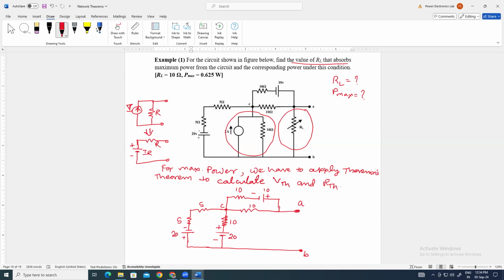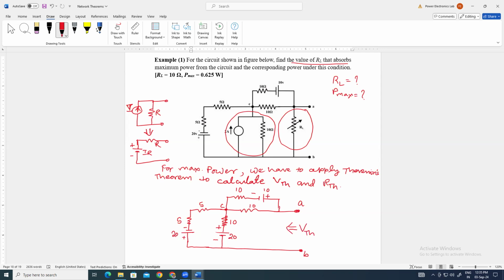So we have disconnected RL from here. We have to apply Thevenin's theorem across these two terminals A and B, and first calculate VTH between these two terminals. How can we calculate VTH? We have to solve the remaining network.